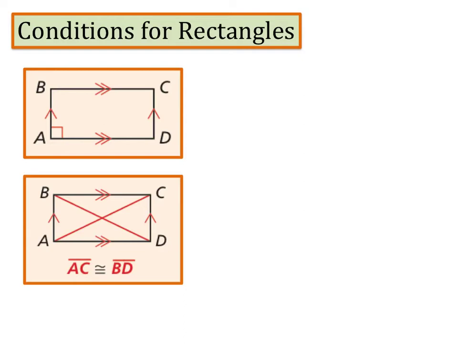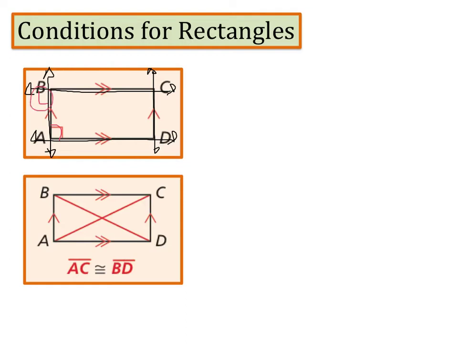So when you're given a parallelogram with certain properties, we can use those properties to determine whether the parallelogram is a rectangle. For our first image here, we have a parallelogram with one right angle. Now, if you were to extend all of these lines, you would see that since this is a 90-degree angle here, this has to be a 90-degree angle because of the alternate interior angles theorem.